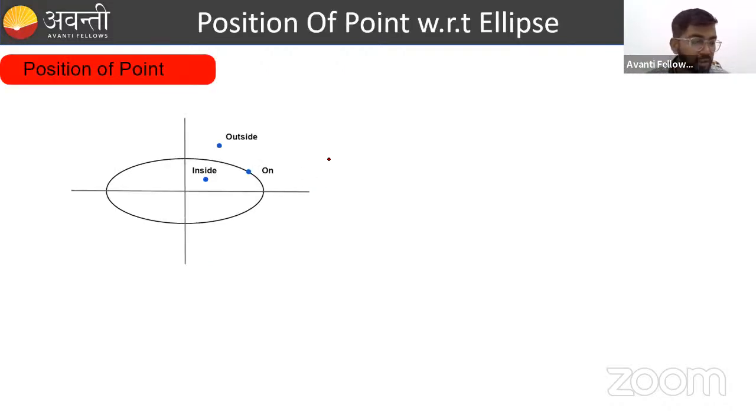Okay, now we have to determine the position of a point with respect to the ellipse x square by a square plus y square by b square equals 1. There can be three scenarios, right? The point can be outside the ellipse, on the ellipse, or inside the ellipse. Consider first the point on the ellipse.